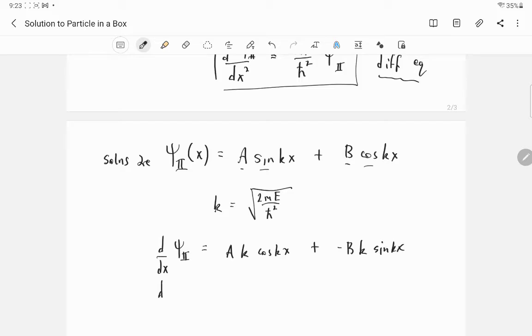And then if I take the second derivative, I'll take another derivative. From the first term I pop out a k, but now the cosine becomes a negative sine, so I get the minus sign. You get another factor of k, you get a minus sign, and then you get a cosine kx, sine kx.